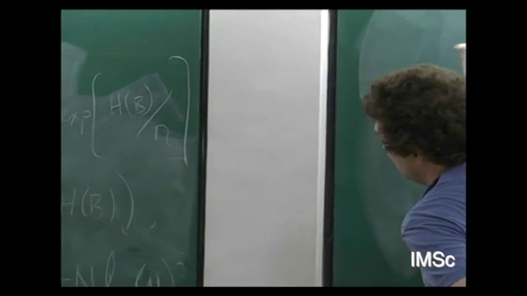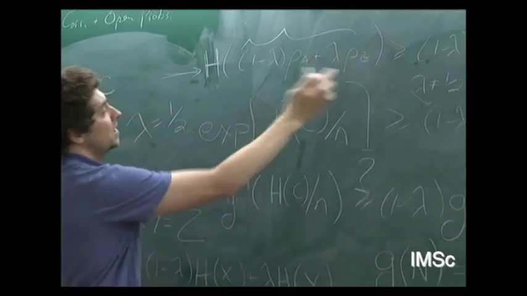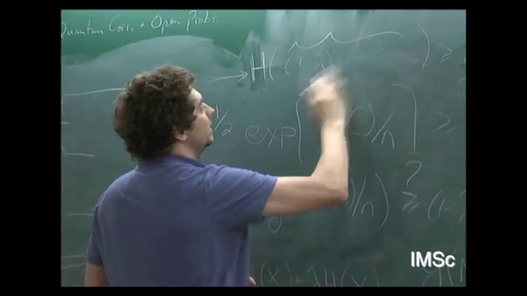This is just a statement about the symplectic eigenvalues of G. I should have replaced this. This is certainly true when I mix the two states together, but it's also true when I, quote, mix them on this beam splitter. So this should be written like this.